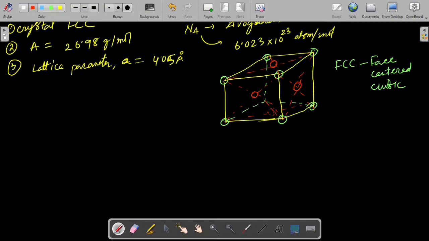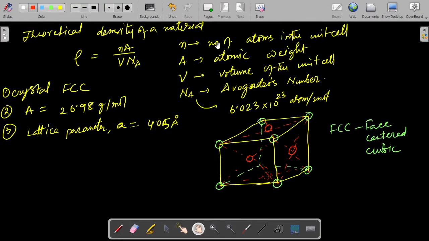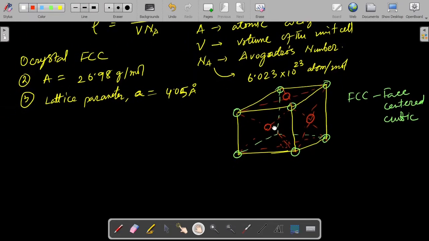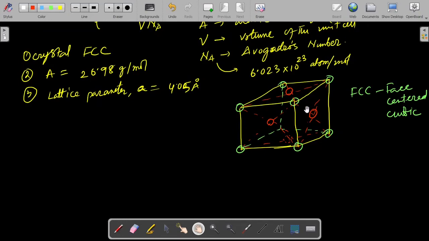So in this way you can calculate the number of effective atoms in the unit cell. One big mistake that you can make is, as I said, there are 8 atoms at the corners, 6 atoms at the faces, but that's not how you calculate the number of atoms in the unit cell.